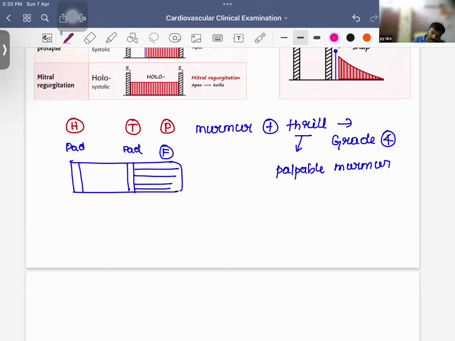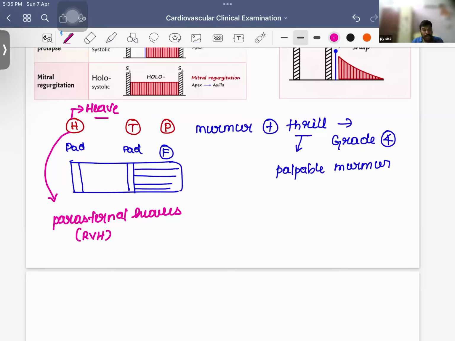The heel is the one which is going to feel the parasternal heaves. These parasternal heaves are usually seen as a part of right ventricular hypertrophy.